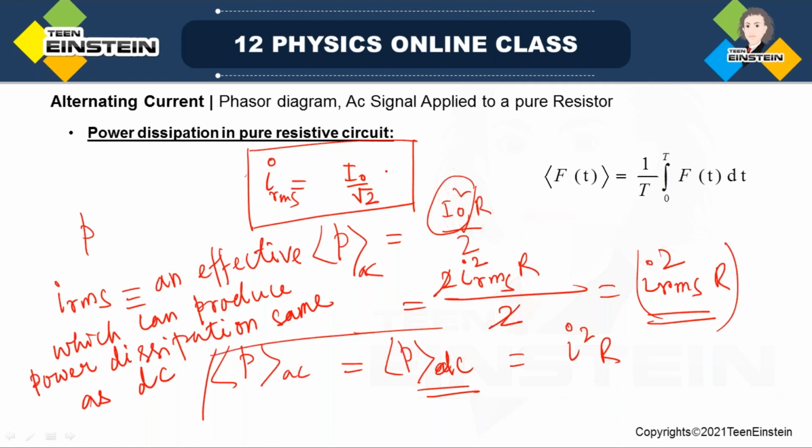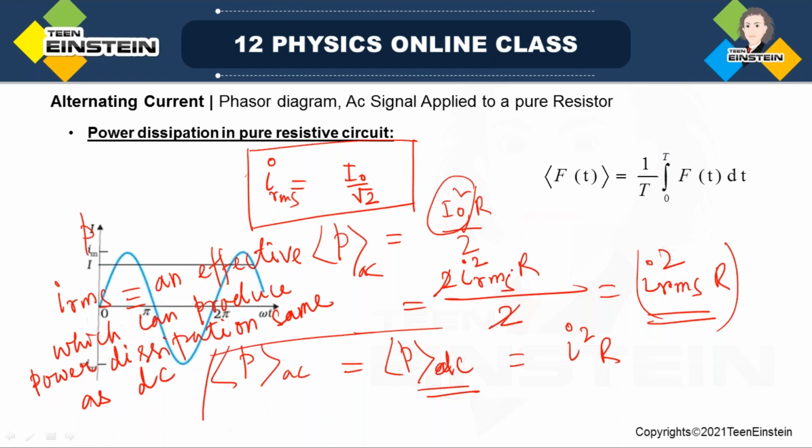So this is how we can learn what is RMS current or RMS, defining an RMS quantity for any sinusoidally varying or alternating quantities, whether it is voltage or current.